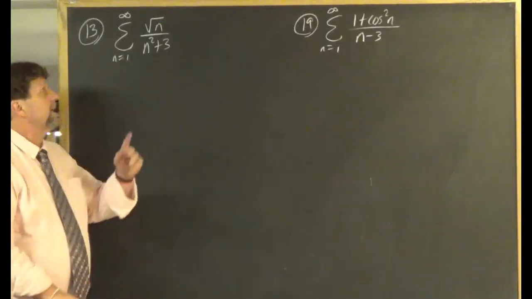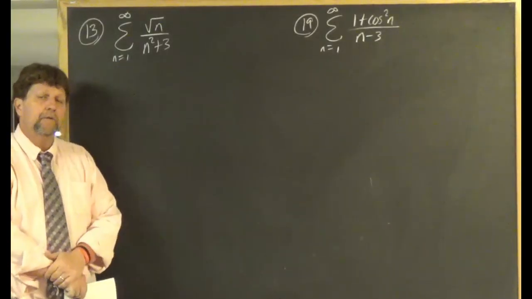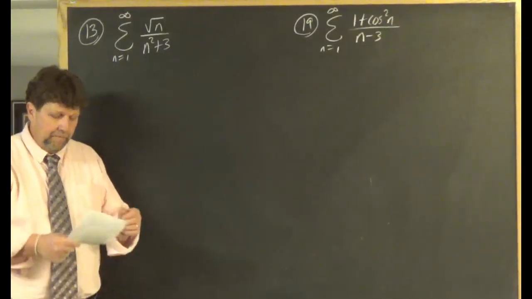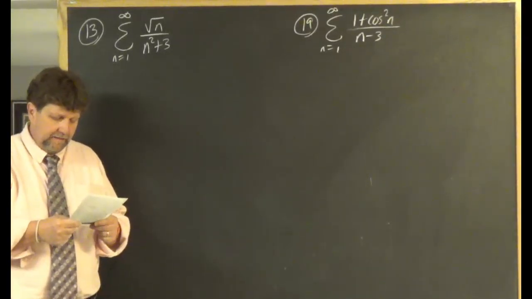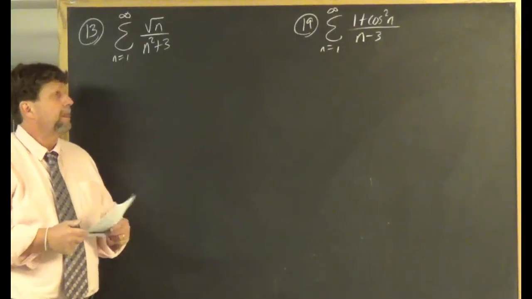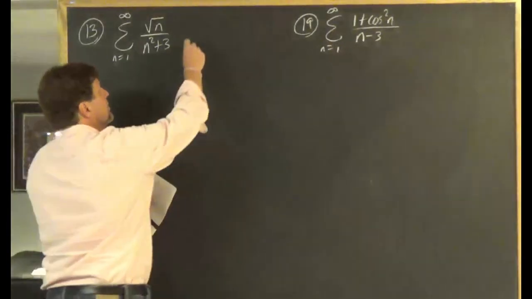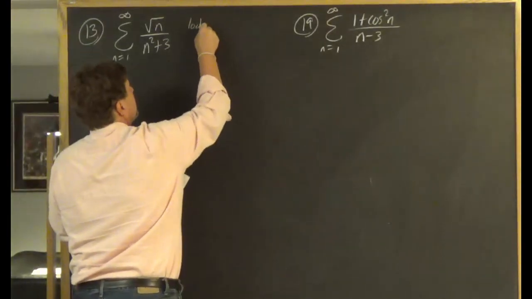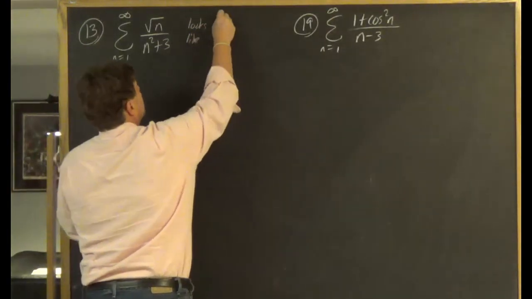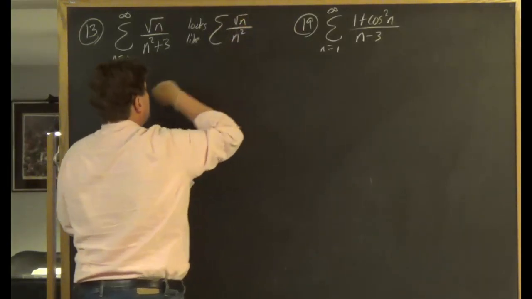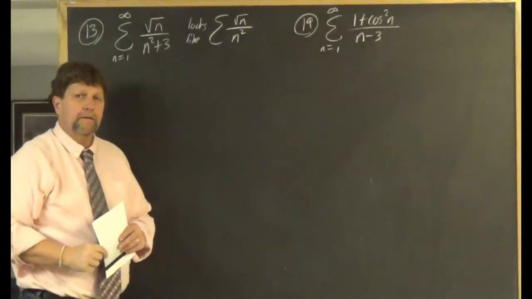All right, number 13. You were asked, does the series n equals 1 to infinity, square root n over n squared plus 3, does that series converge or does it diverge? To me, this kind of looks like the series square root n over n squared.